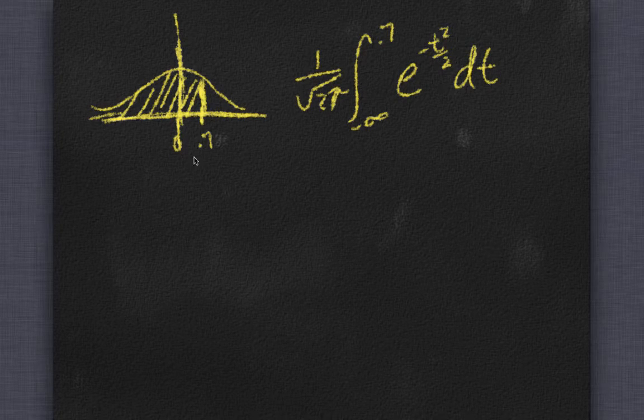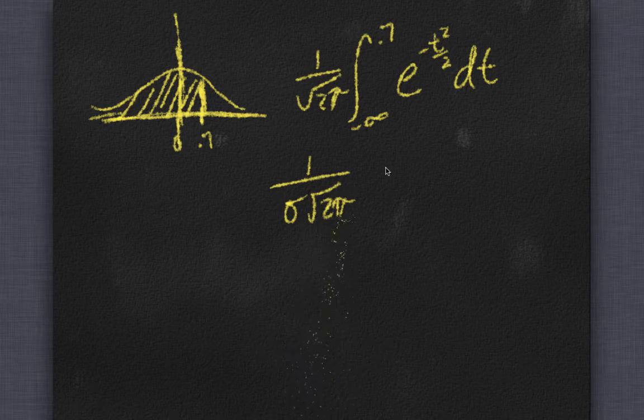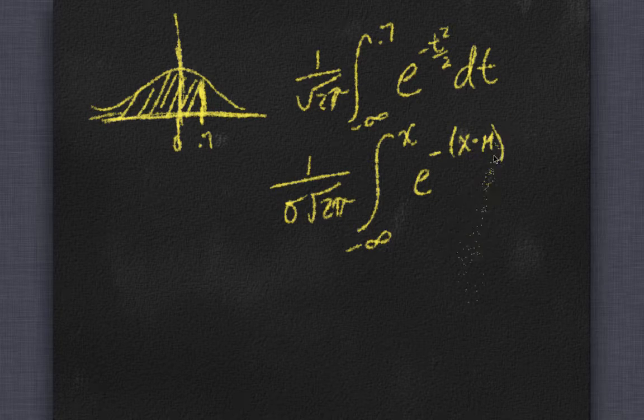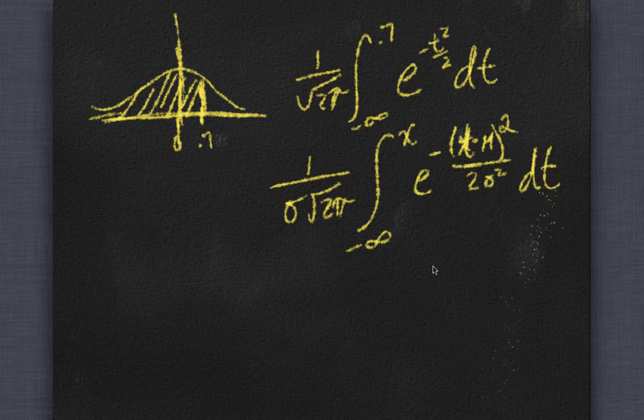If it's not standardized, then you have your mean and your variance running around as well, so then it's 1 over standard deviation times root 2 pi, integral from negative infinity to whatever this number would be, of e to the negative (t minus mu) squared over 2 sigma squared dt. Because in our case sigma is 1 and mu is 0, once it's been standardized, that cancels, that's 1, that's 1, that's 0. And that's how you get this.